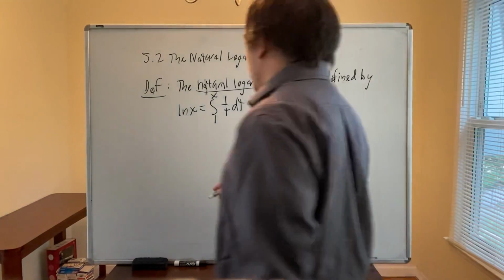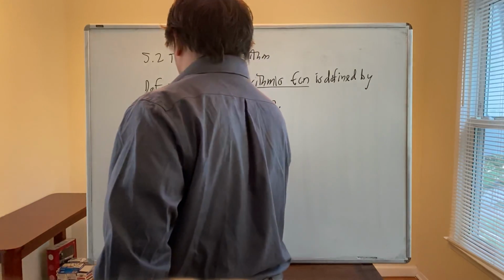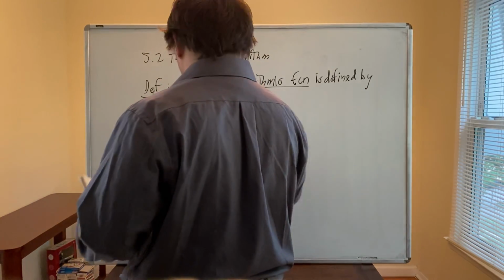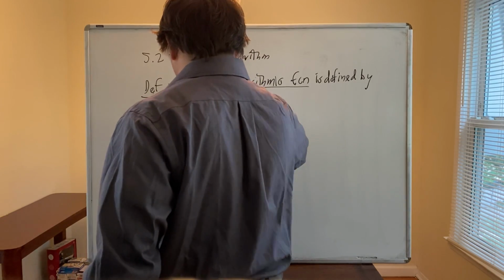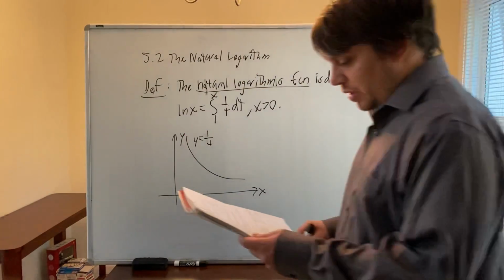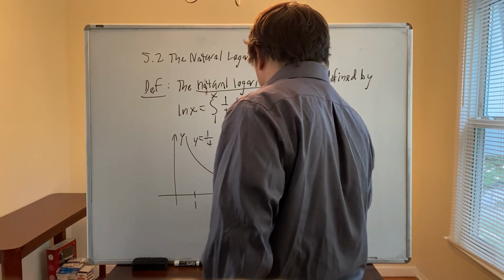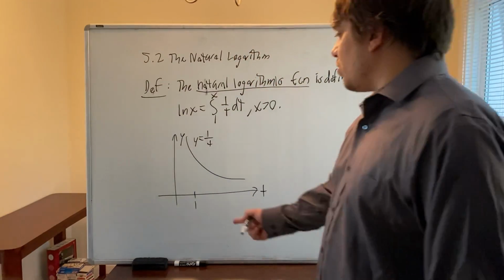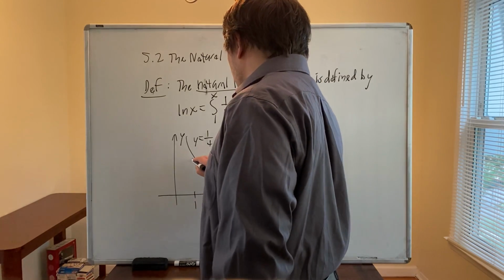Okay, and so to illustrate what this definition is saying, let's draw this picture. So you have the graph y equals 1 over t. Okay, that's the curve y equals 1 over t. This is x, this is t equals 1. Actually, this is the t-axis. And then from 1 to x, let's say that's x.